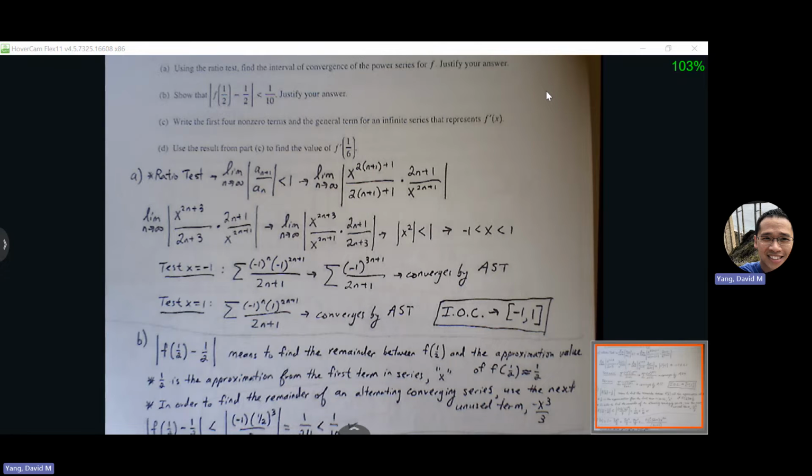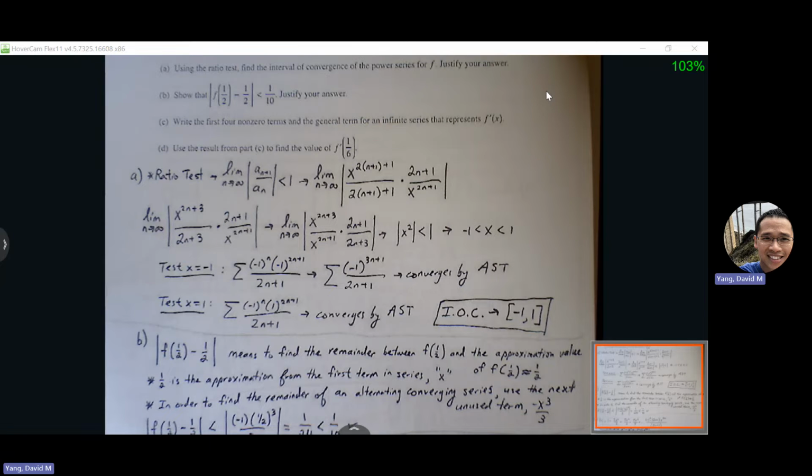Okay, so understand that this is an alternating series. Whenever you see this notation, it means find the difference between f of 1/2 and the approximation.